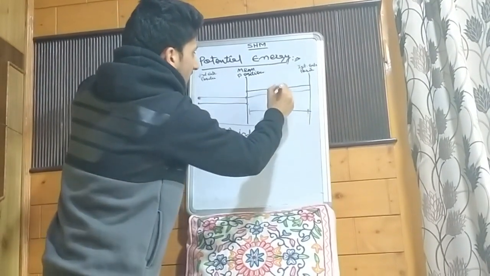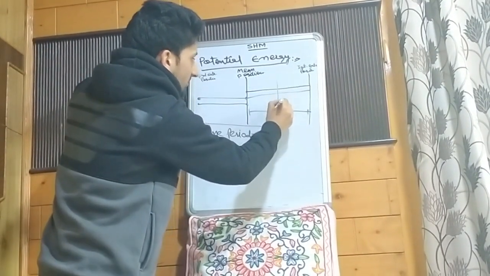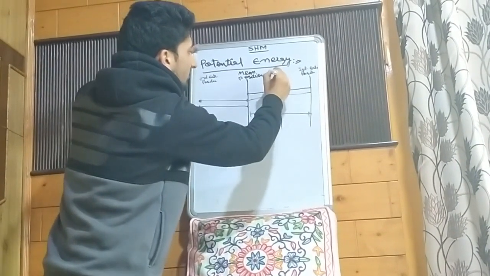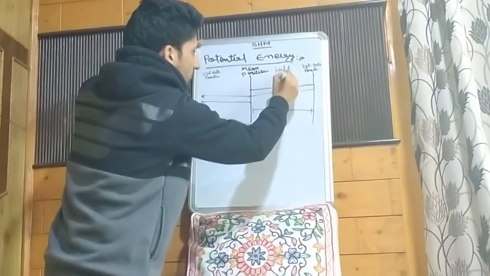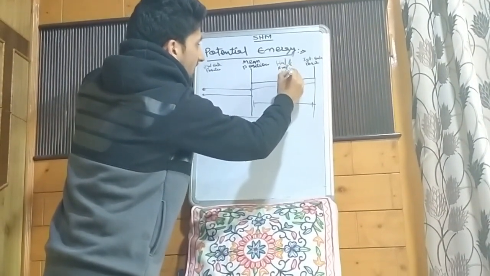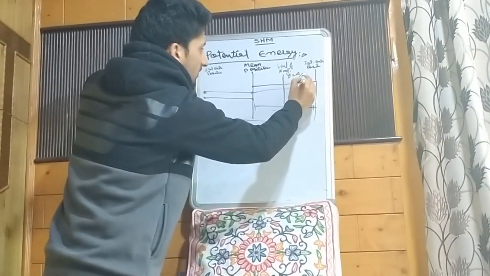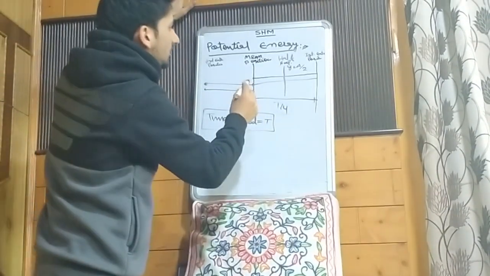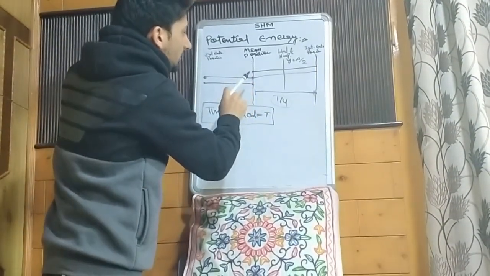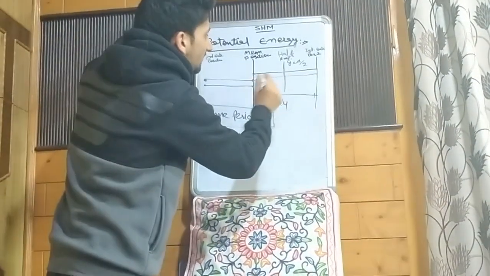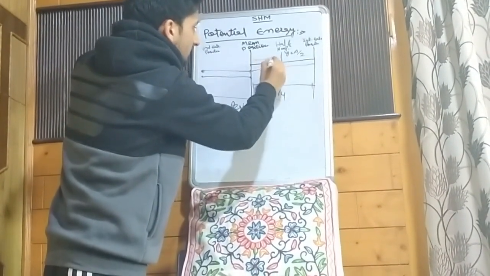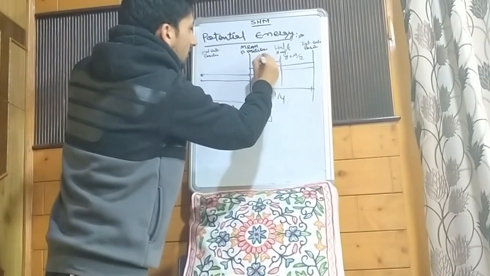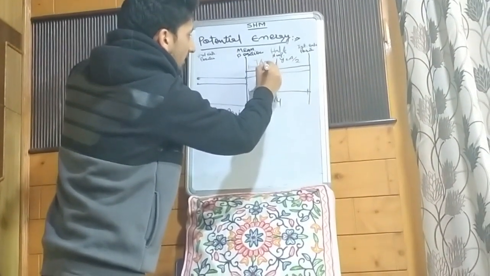And let us suppose this line represents half amplitude, or we can say mathematically y equal to A by 2. The time taken for a particle to go from the mean position to half amplitude, or y equal to A by 2, is equal to T divided by 12.